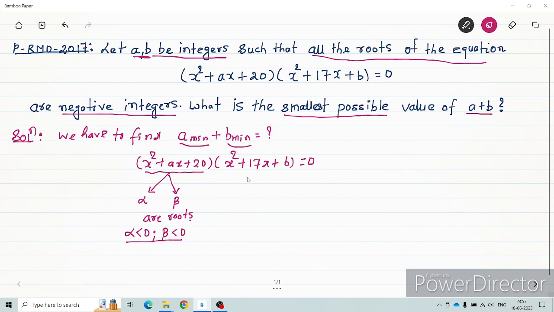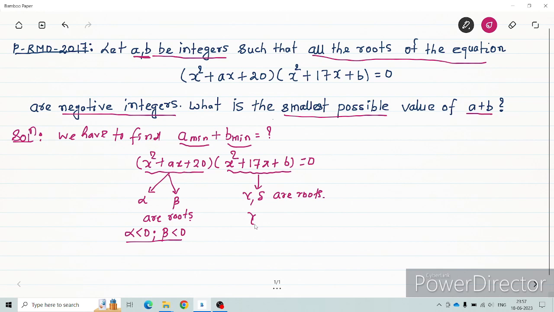Now let us look at the second quadratic equation. x² + 17x + b is also a quadratic equation, so it will have two roots. Let's say gamma and delta are the two roots. It is given that all the roots of the given equation are negative integers.